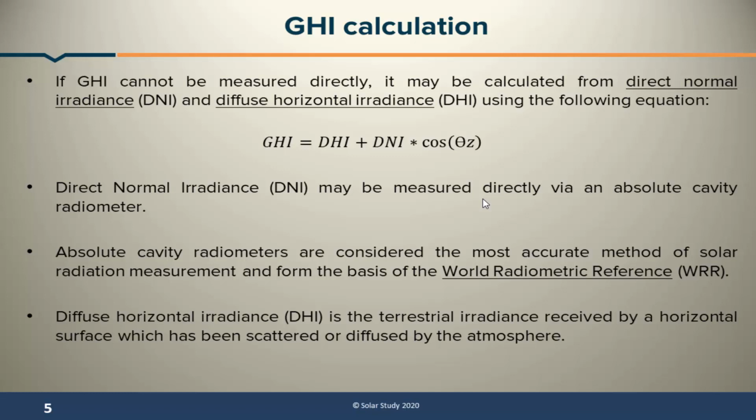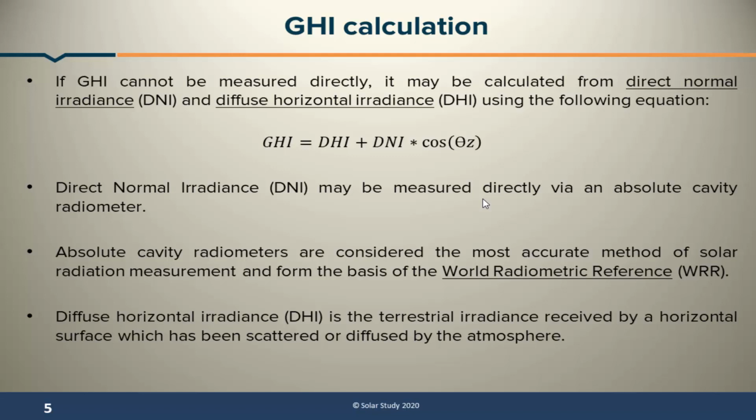Another thing, how will we get the DHI? For DHI we use another radiometric device, called an irradiation sensor. From that we will get the irradiation data and store it in a data acquisition system. Diffuse horizontal irradiation is the terrestrial irradiation received by a horizontal surface which has been scattered or diffused by the atmosphere.